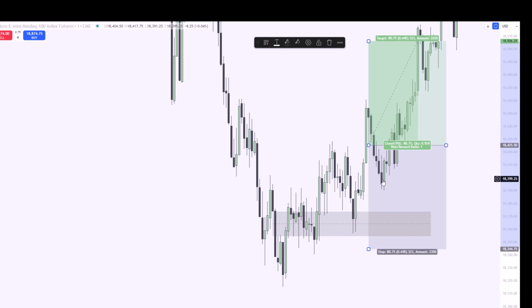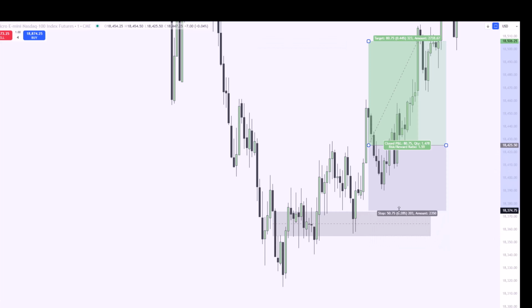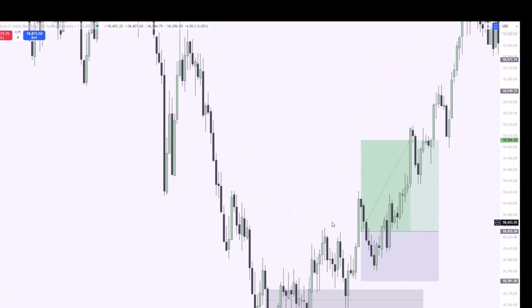Your stop loss will have to be rather large because you have two CBs. You have to consider both of them, and then your next obvious pool of liquidity, because there is no obvious highs here that you can target.